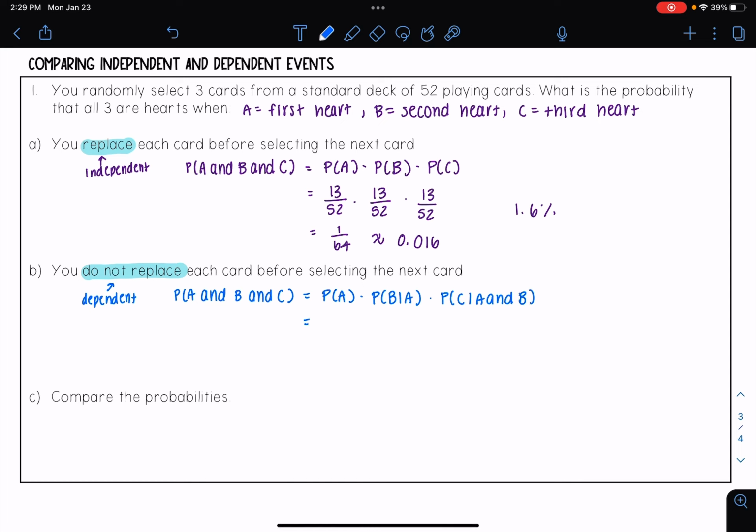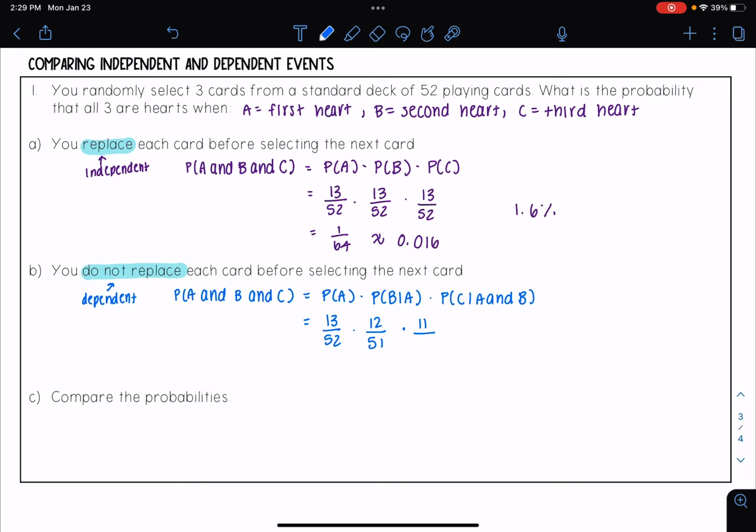Well, probability of A is still the same, 13 over 52. But now knowing that I chose a heart to begin with, that means there's one less heart I can choose from, so there's 12. And there's also one less card in there, so there's 51. And then probability of C given A and B, I'm given that the first 2 I drew were hearts, so that means there's only 11 hearts left.